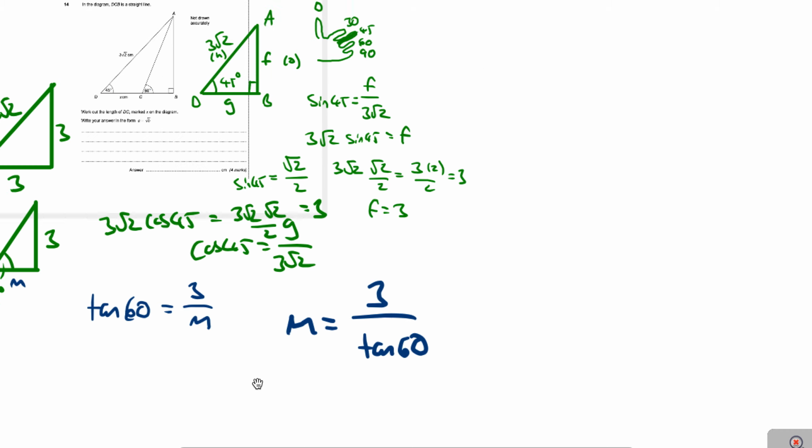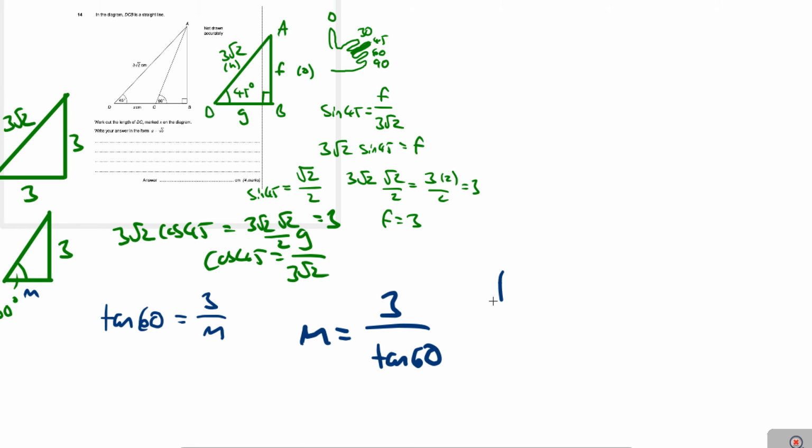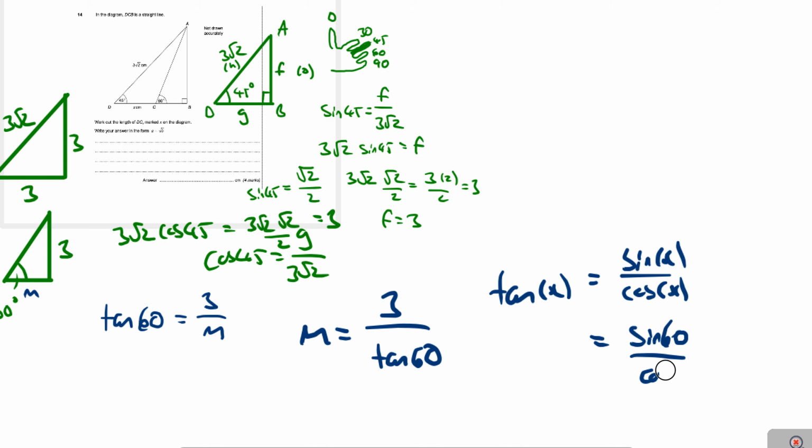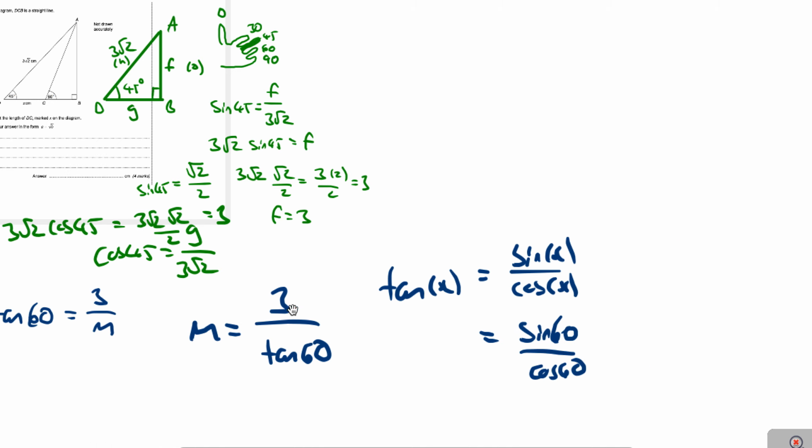Now to remember tan 60, you can still use the same trick: remember that tan x is equal to sine x over cos x, so it's equal to sine 60 over cos 60. To find out what this is, this time we're going to use the 61 trick, so sine 60 is 1, 2, 3, so it's going to be root 3 over 2, and cos 60, it's only got one finger below the 60 degree one, so it's going to be root 1 over 2.